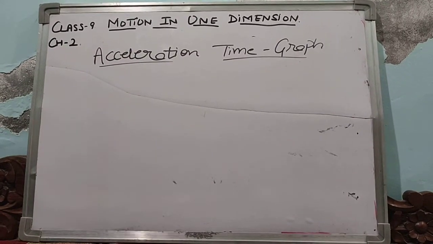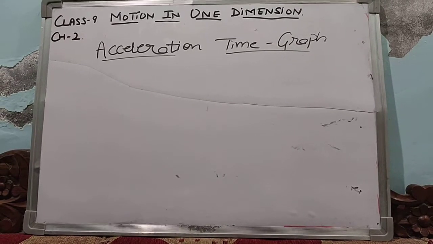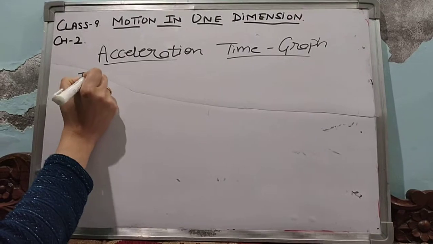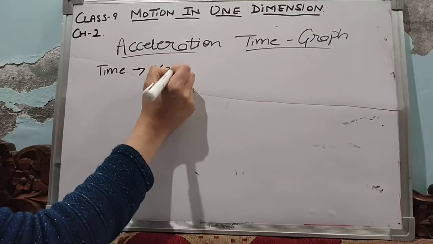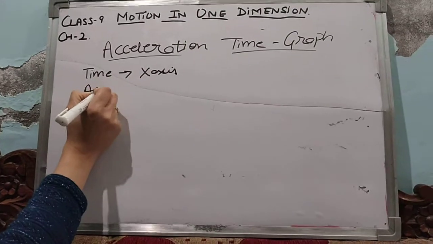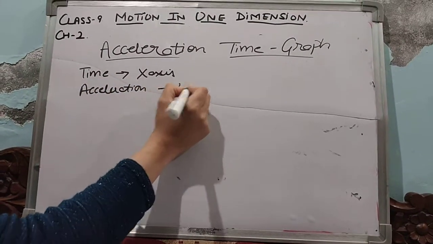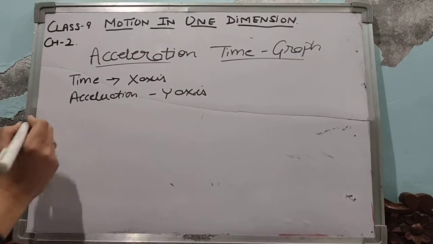Next topic is your acceleration time graph, and this is also very important from the examination point of view. For the acceleration time graph, first I'll tell you, we take time along the x-axis and acceleration along the y-axis. What can we calculate from your acceleration time graph?